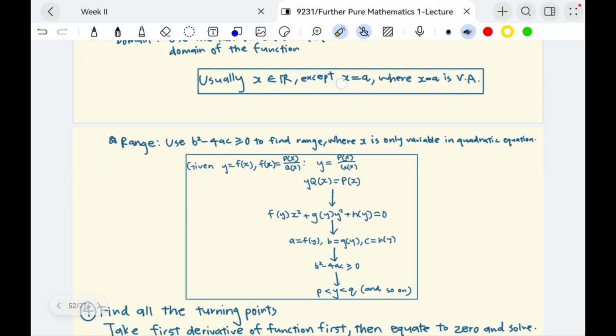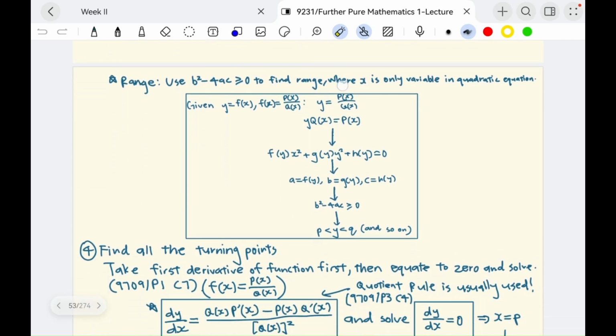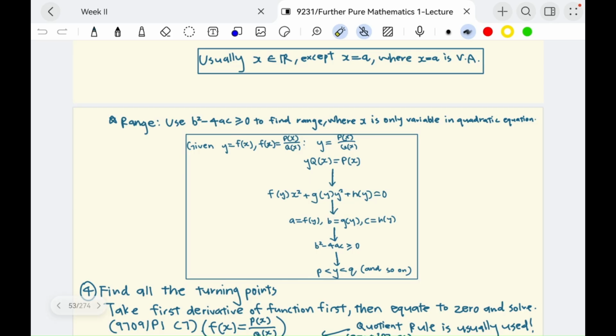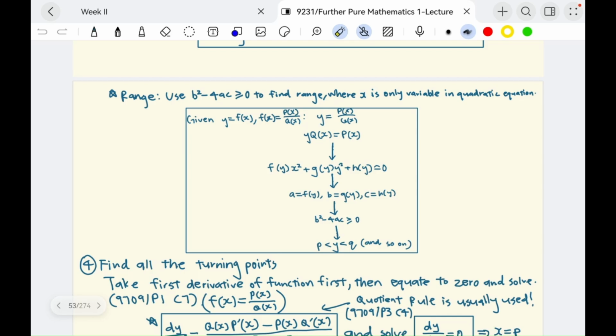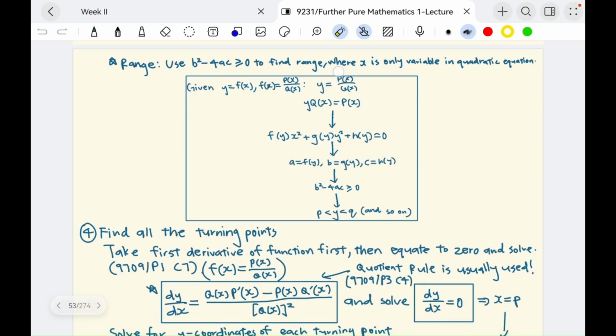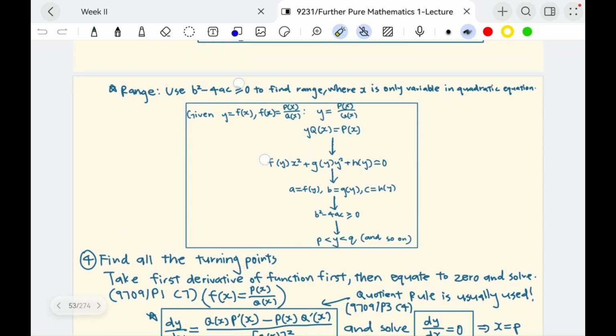Alright? Okay. What about the range? Of course, the range is the range of the y, or range of the RF. So of course, the HA or OA must be eliminated for sure. Okay? So how to do so?